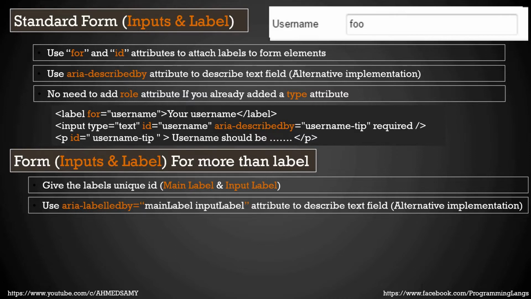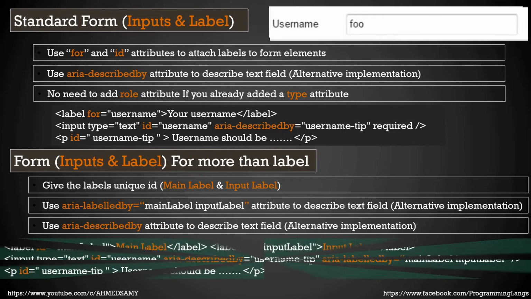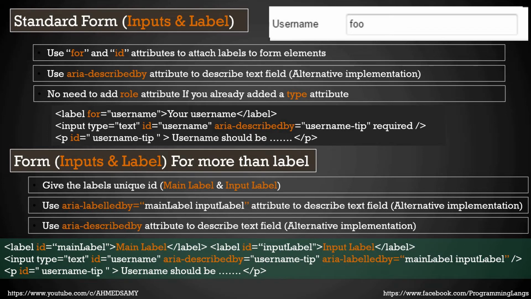The main label is first, then the input field label attribute. The same with aria-describedby to add more descriptive text. After that, here is an example of label and ID. That is the first one, the input field with label and inputs.